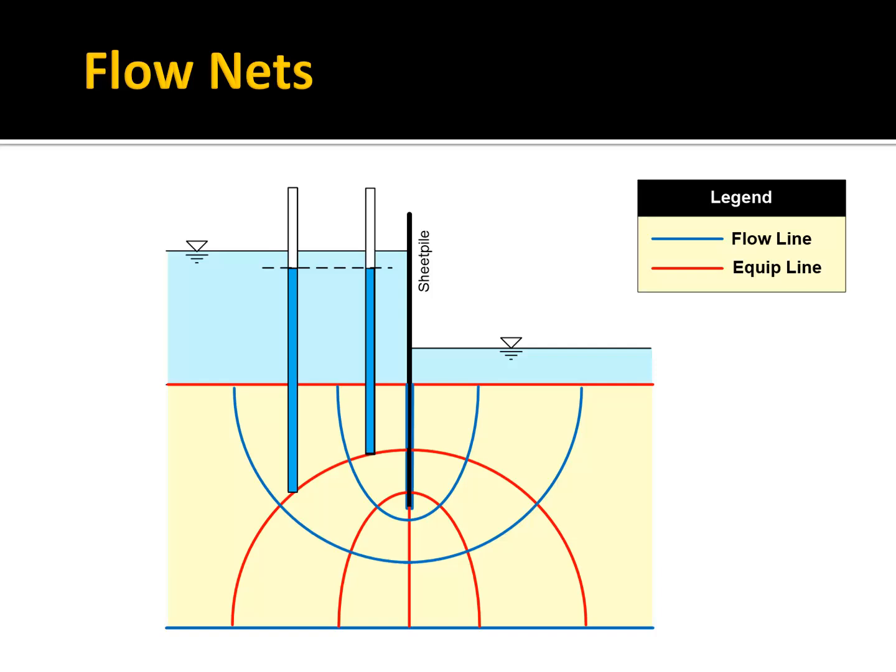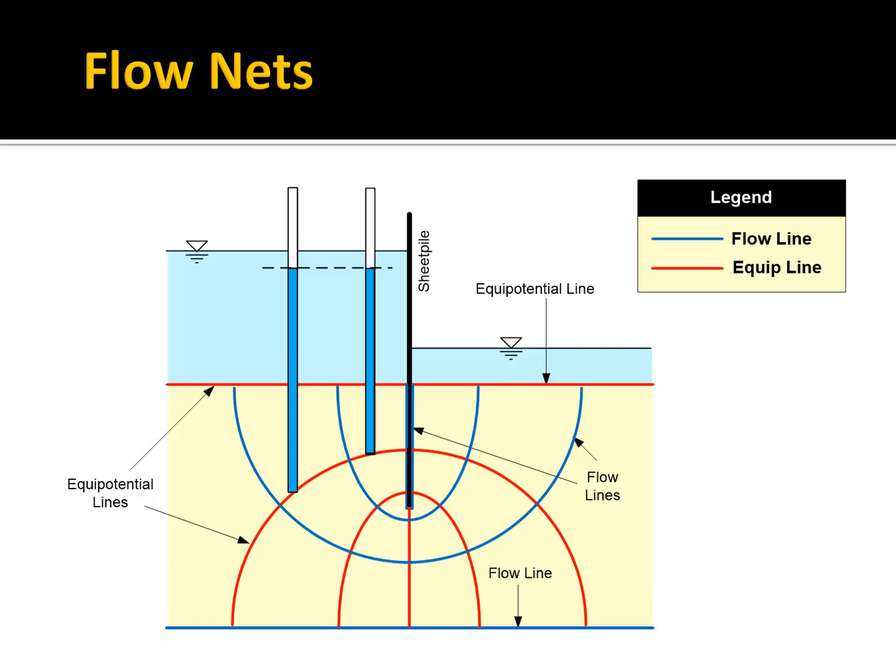And they're drawn in such a way that you generate a series of square cells. I say square, but I mean roughly. They have an equal length to width ratio.